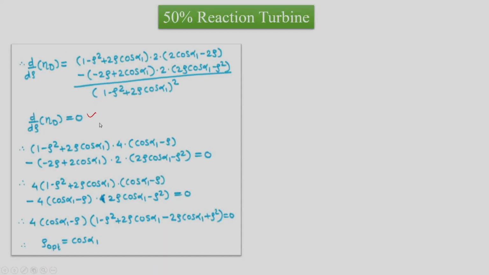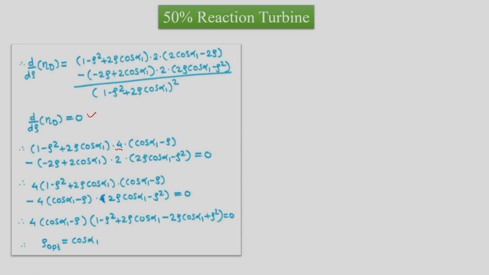Having said this, we will equate this to 0. The denominator is definitely not 0, so we multiply both sides by it, and it will get cancelled. Then we have the term 1 minus rho square plus 2 rho cos alpha 1 into 2, and with 2 as common, it will be 4 into cos alpha minus rho, minus 2 rho plus 2 cos alpha 1 into 2 cos alpha 1 minus rho square.